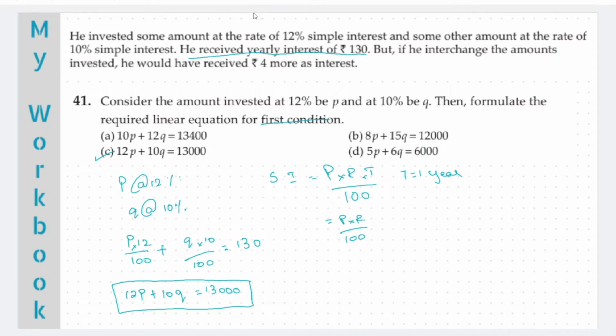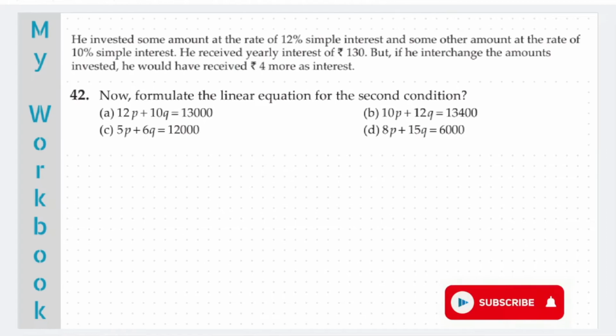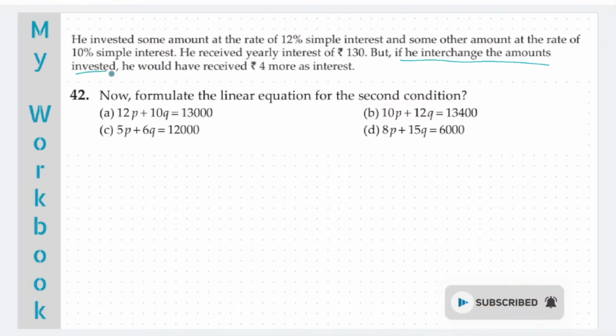Let's move on to question number 42. Now formulate the linear equation for the second condition. So in a similar manner, we have to formulate the equation for the second condition, which states that if he interchanges the amounts invested, he would have received 4 more as interest.